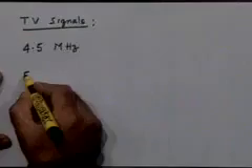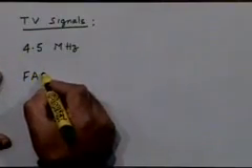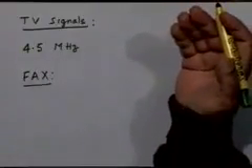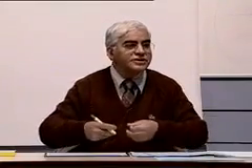The picture is still there, the same picture, so I can scan it slowly. And that's precisely what you do in a facsimile signal, and that's the reason I can transmit a fax signal through a telephone line, which is designed to carry only 4 kilohertz of bandwidth, because the rate of scanning is under my control. And there is no particular hurry, from the point of view of the nature of the picture that I want to transmit, to scan it fast. Of course, if I scan it fast, there is an advantage.